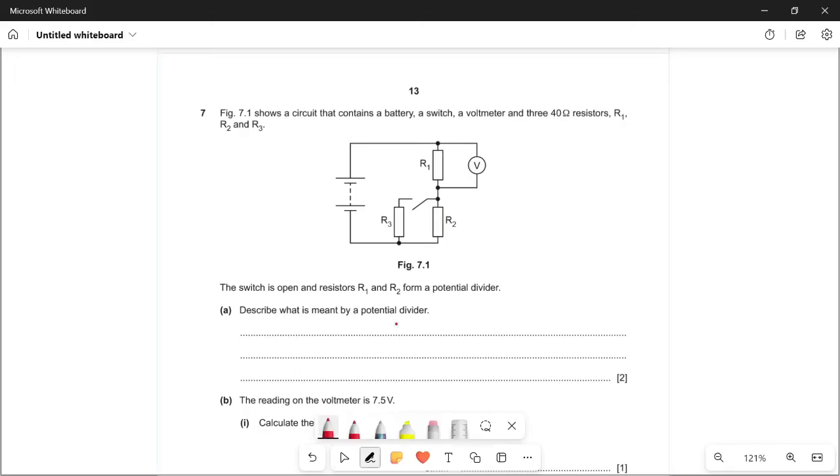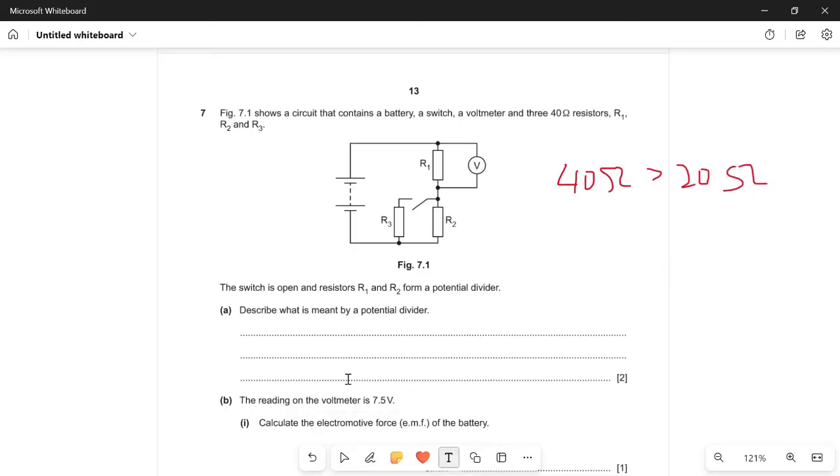A potential divider is like an arrangement of circuits which is used to share the voltage between resistors, and this voltage depends on the magnitude of the resistance. So it's going to be in proportion to the resistors. So a 40 ohm resistor would get more voltage than a 20 ohm resistor.